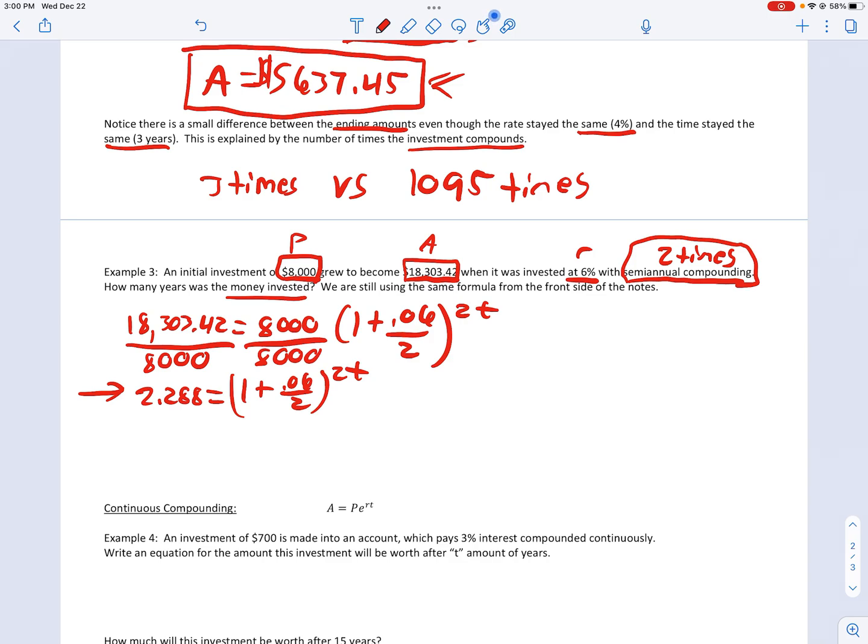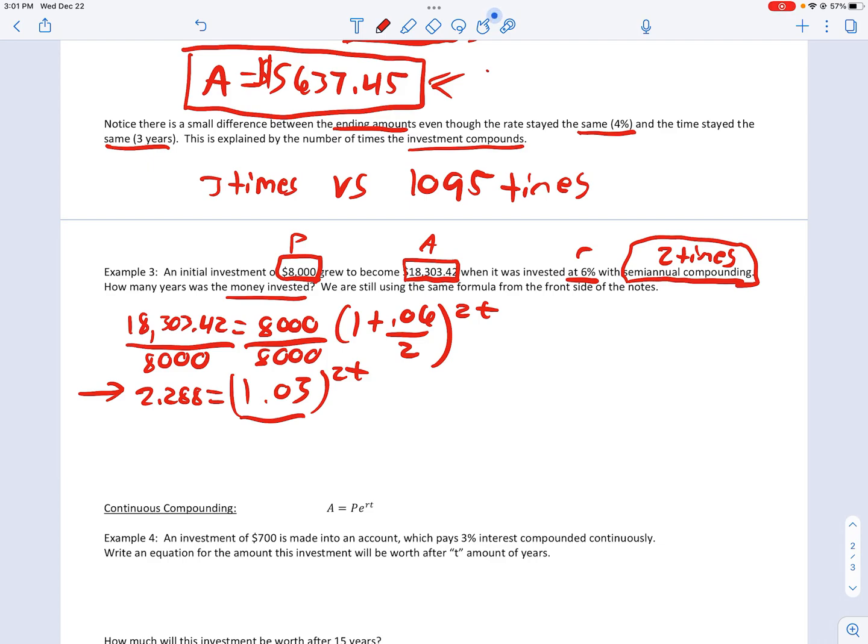So right now, we don't really have any way to figure this out. We could simplify this part here: 1 plus 0.06 divided by 2. If we add that together and divide, that gives us 1.03. We can't divide by 1.03 because it's to the 2t power.